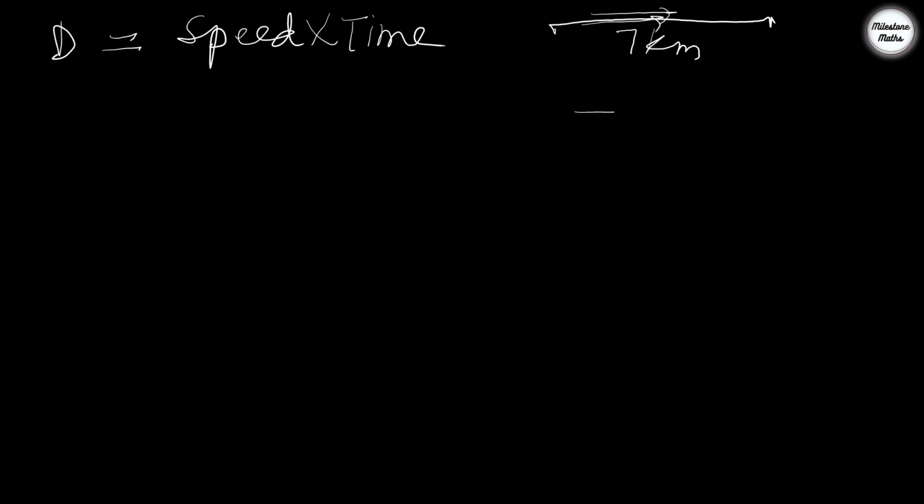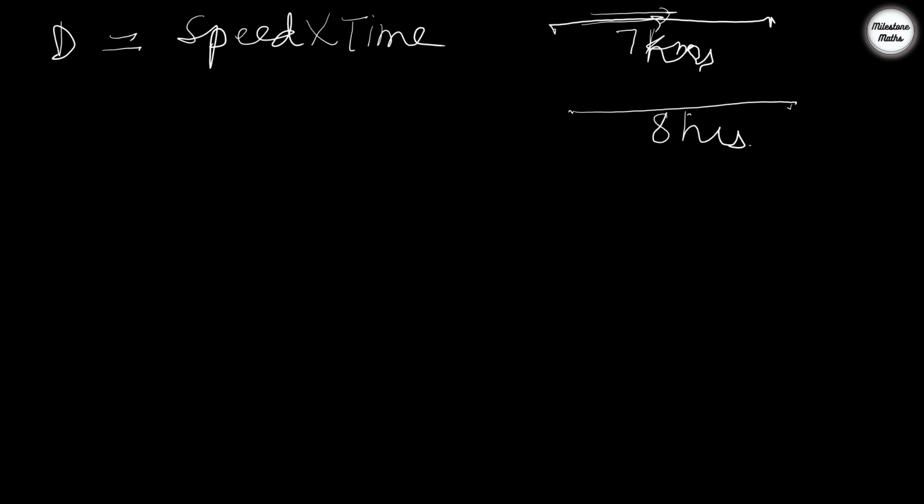But when they are upstream, upstream means the water is flowing in the other direction, the same distance they are covering, because the speed will be less now, in 8 hours. Same distance they are covering now in 8 hours.